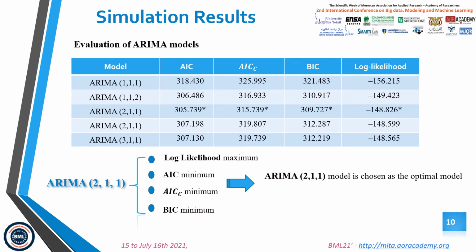And in our results, in order to obtain the best ARIMA model, selection criteria such as log likelihood, AIC, the Akaike information criterion, BIC, the Bayesian information criterion, and HQC, the Hannan-Quinn information criterion, are used in this research. And the ARIMA(2,1,1) model is chosen as the optimal model due to the lowest values of AIC, BIC, and HQC, and the maximum value of log likelihood, as can be seen in this table.